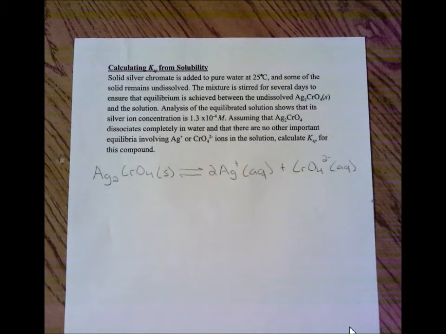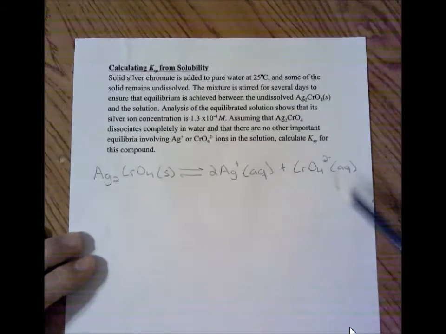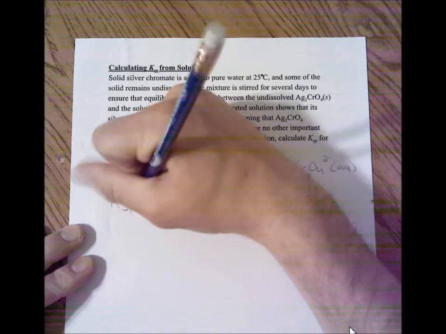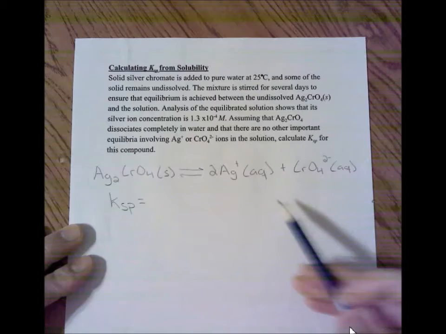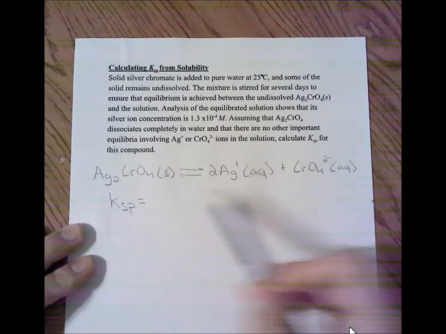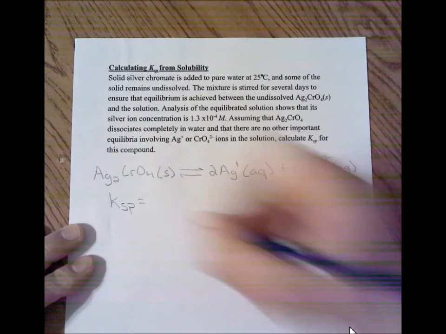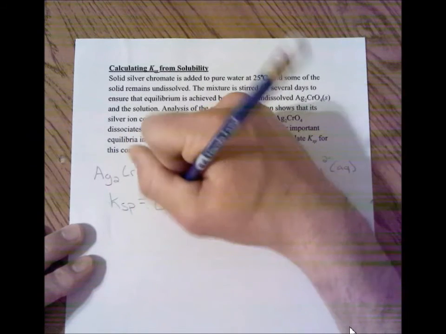Now, what I like to do is go ahead and write my solubility constant expression right here as we go. So KSP is equal to just the ions that are dissolved in solution. So that means we do not work with this solid silver chromate. And so that means we have this. At KSP, we have our concentration of silver ions.